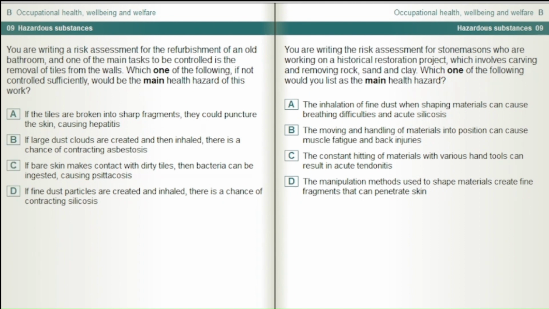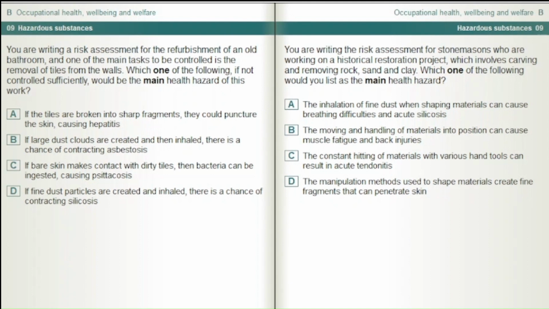You are writing the risk assessment for stonemasons who are working on a historical restoration project which involves carving and removing rock, sand and clay. Which one of the following would you list as the main health hazard? The inhalation of fine dust when shaping materials can cause breathing difficulties and acute silicosis.